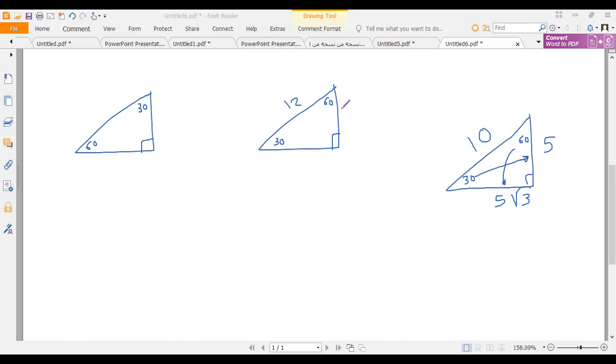Tell me, x is equal to what? What is the value of x here? Wake up, please. Look at the figure, what did we do with it?